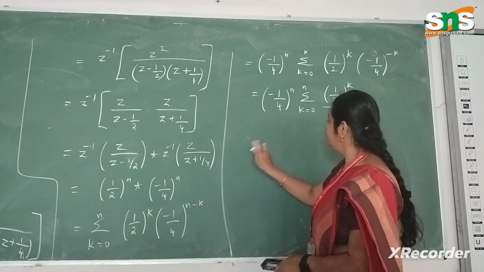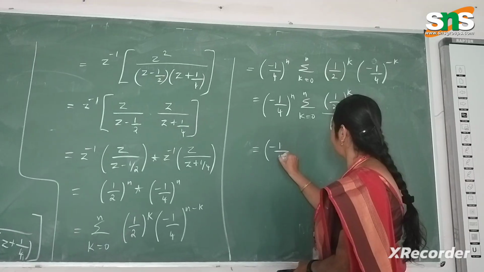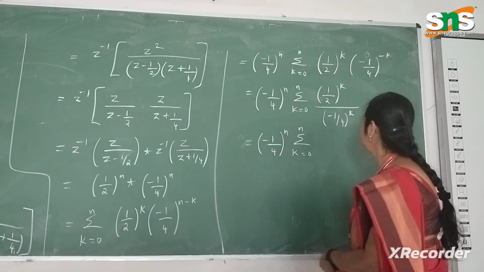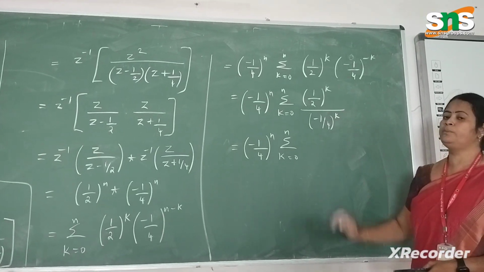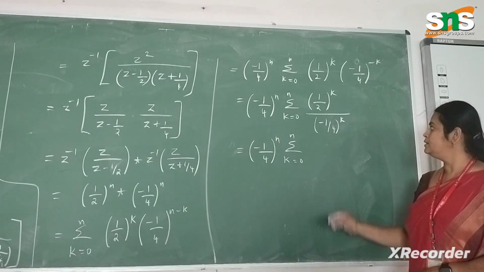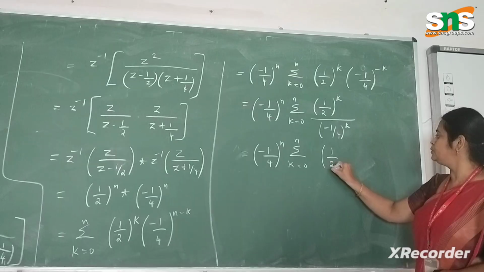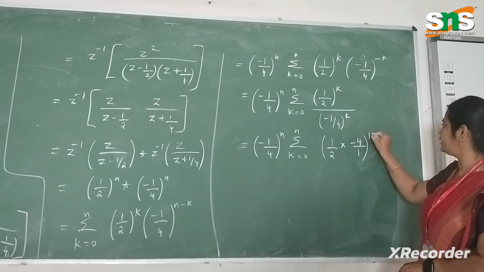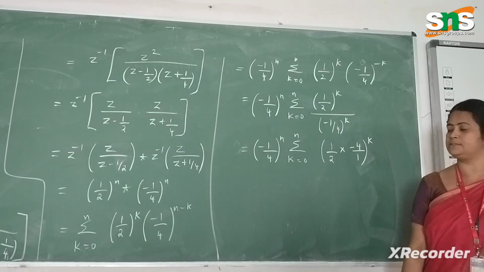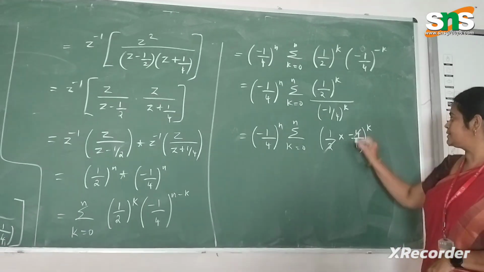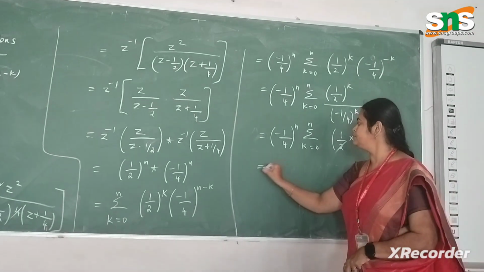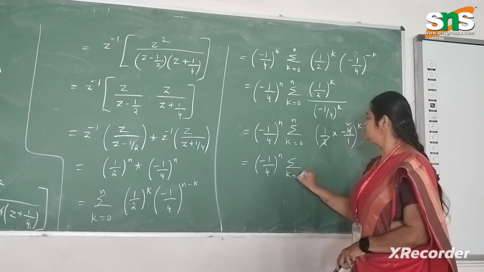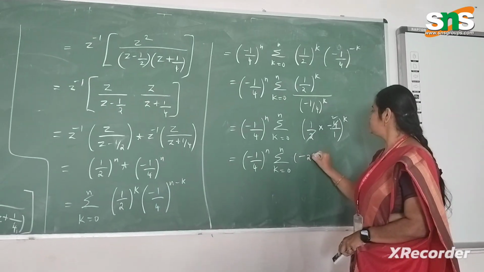So which is equal to (minus 1 by 4) whole power n summation k equal to 0 to n. Both the numerator and denominator have the same power k, so let me divide this: (1 by 2 into minus 4 by 1) whole power k. We can rewrite this equation as this. So 2 and minus 4 gets cancelled two times. So the answer is (minus 1 by 4) power n summation k equal to 0 to n, (minus 2) power k.